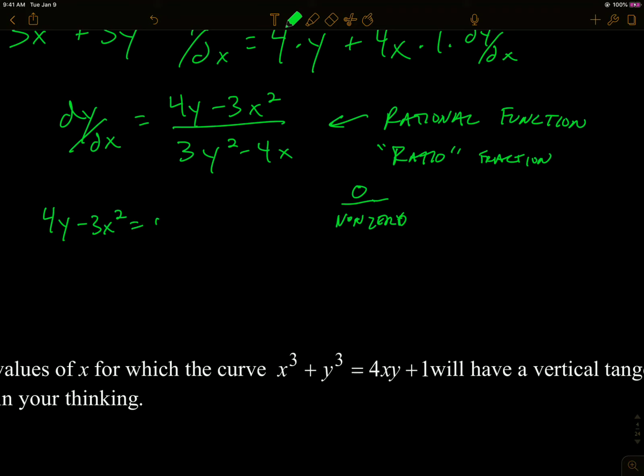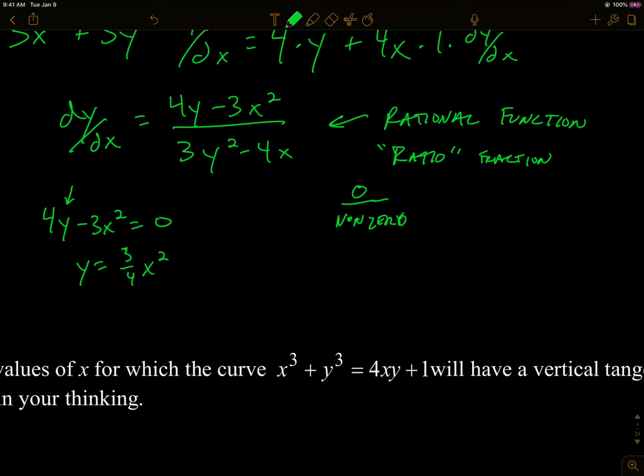Let's make the top equal to 0 and solve for either variable. I'll solve for y. Y seems to be easier to solve for here because it's not squared. So I add 3x squared, I divide by 4. So y equals 3/4 x squared.